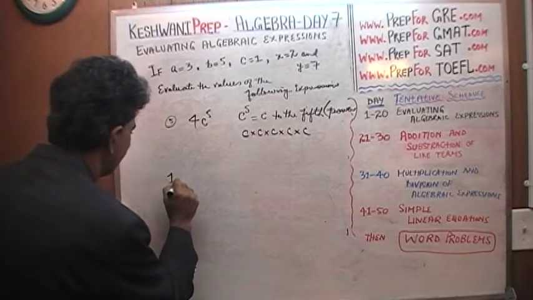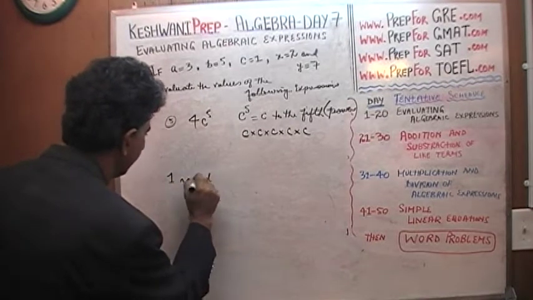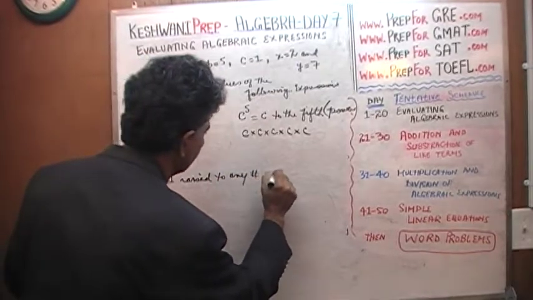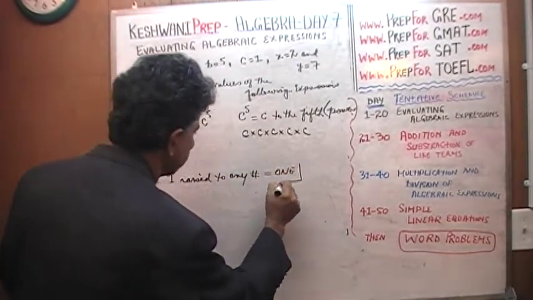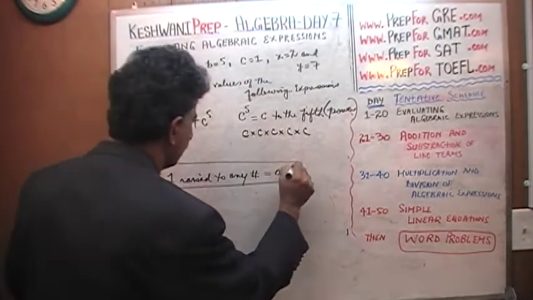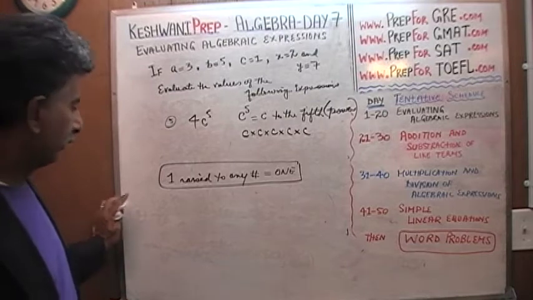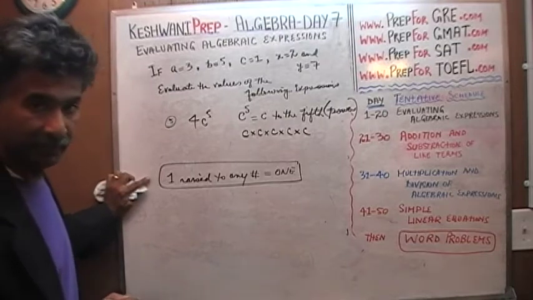1 raised to any number equals 1. And now we're going to say the same thing in English language. This was mathematical language.